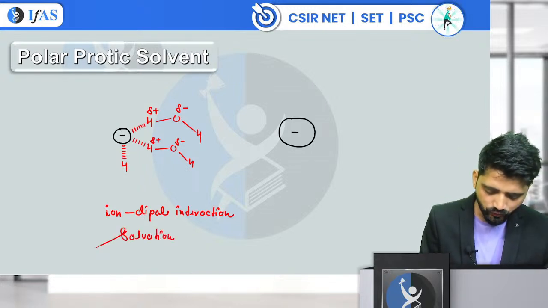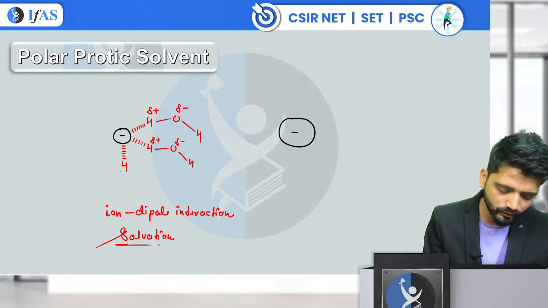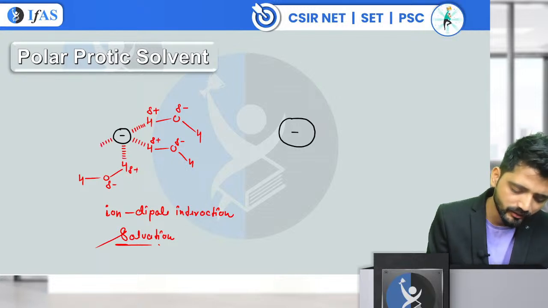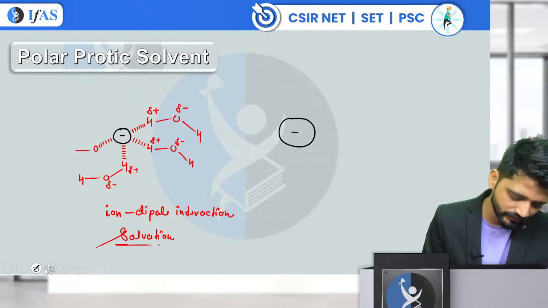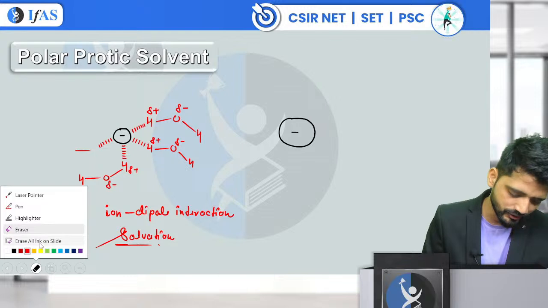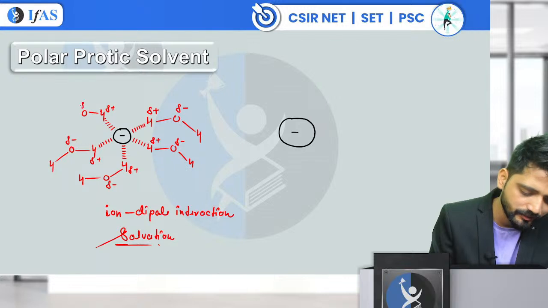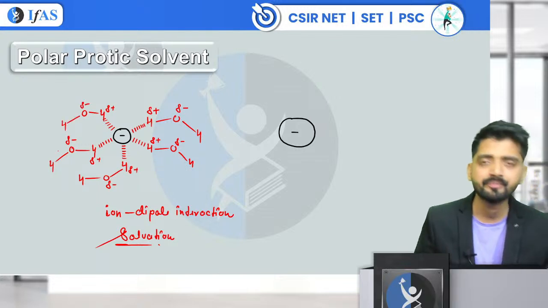Since we are using water as a solvent, we can also call this hydration. When we use some other solvent, the term will change, but in general we can say this is called solvation. So this type of ion dipole interaction stabilizes the anion very much.